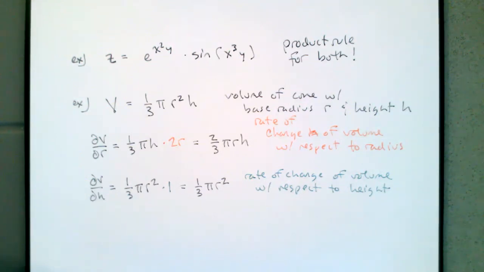Your speed is not just a rate of change of your position, it's how your position is changing with respect to time. So we can't use regular derivatives because we don't have functions of one variable. We have two different inputs for these functions.